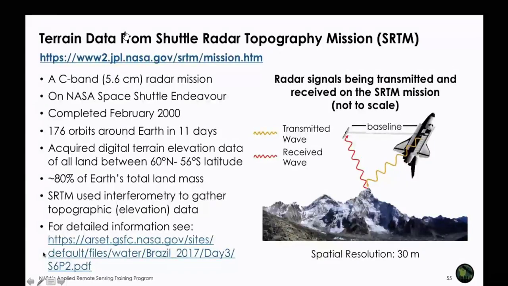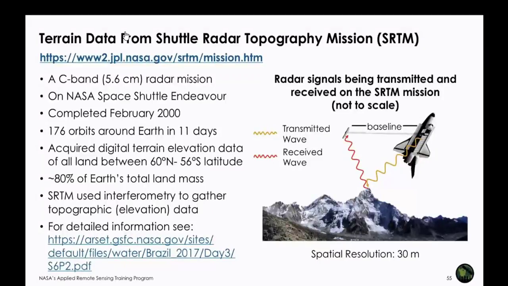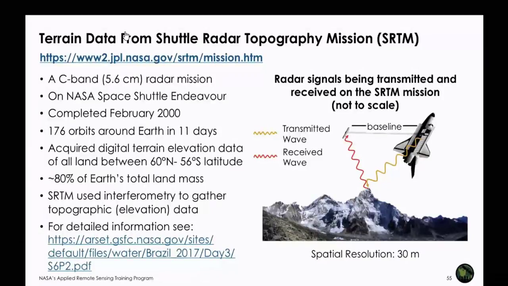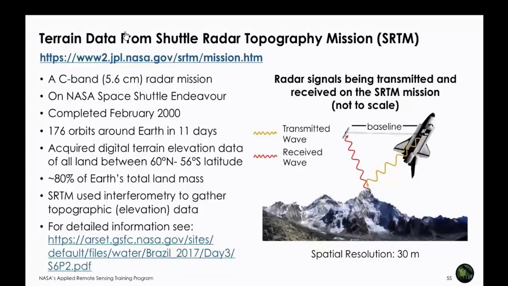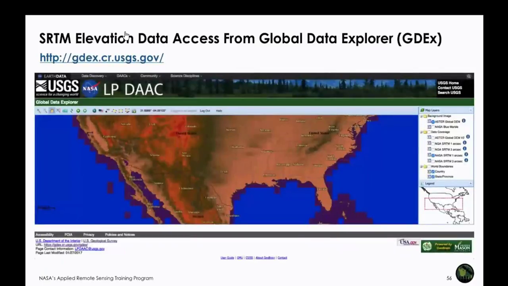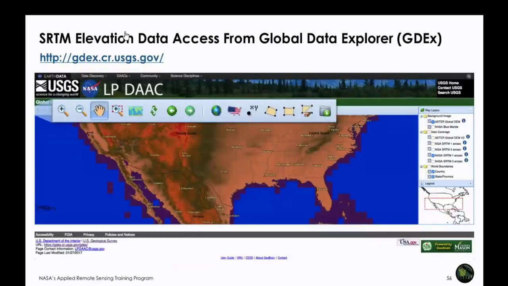And here is a link to an ARSET webinar that you can see for more details on how to work with SRTM data, how to get them, and how to process them using a GIS platform. This helps if a storm is approaching. You already know which areas are in danger of getting flooded or getting more affected.